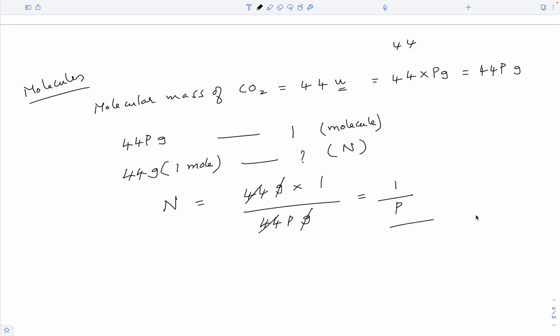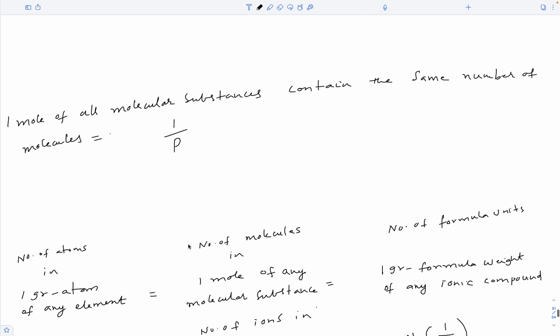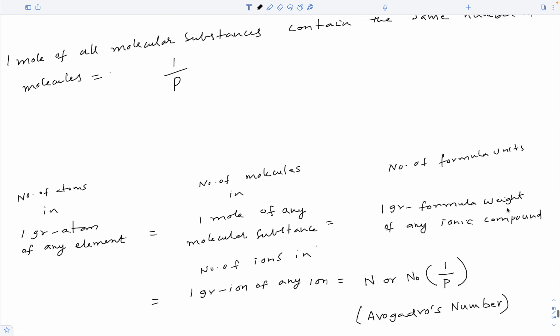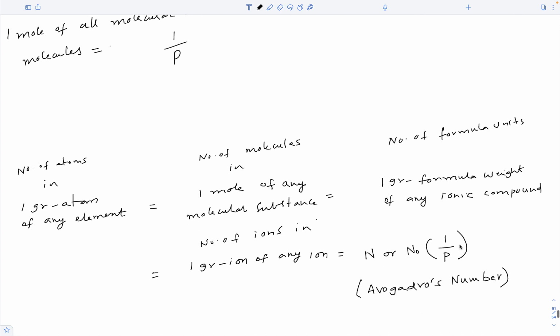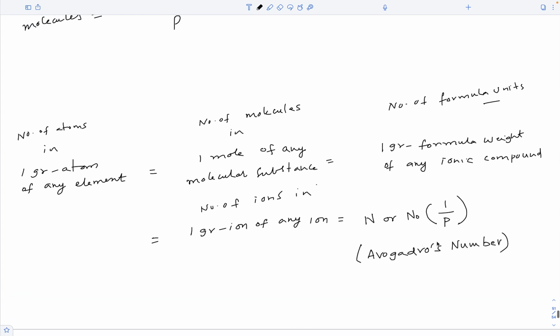So now we can say 1 mole of all molecular substances contain the same number of molecules, and that number is equal to 1 over p. Similarly, you can prove that 1 gram formula weight of all ionic compounds contain 1 over p formula units, and 1 gram ion of any ion contains 1 over p ions.